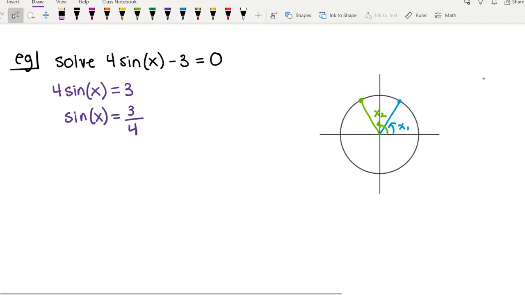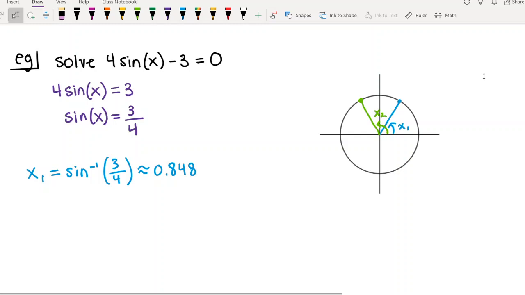So we can find our first solution by doing inverse sine of 3/4. You can go ahead and type that into a calculator, which is what I'm doing right now. And you get that it's approximately equal to 0.848 radians.